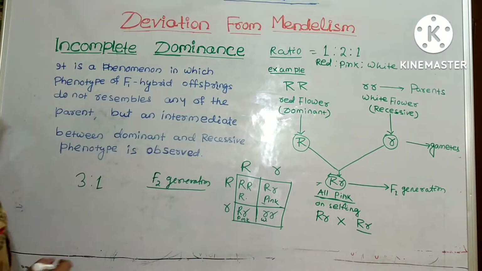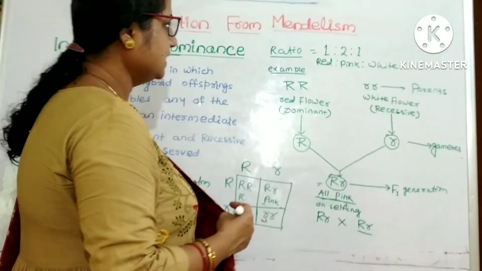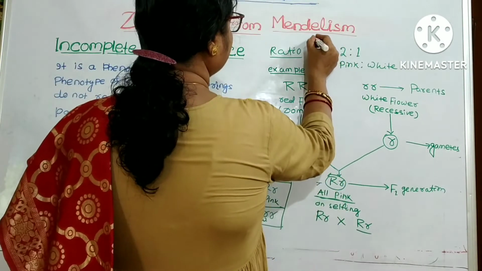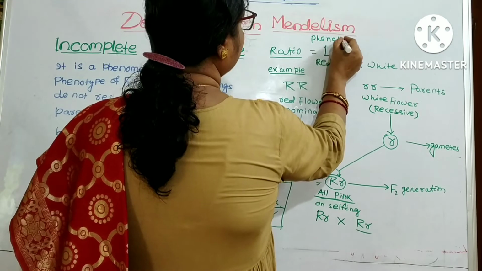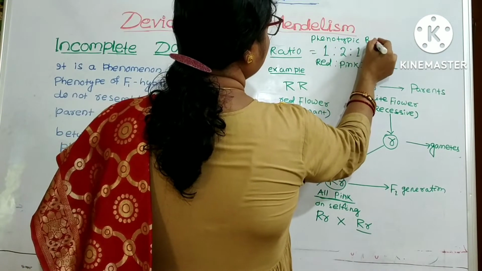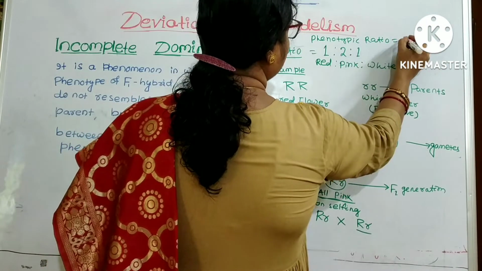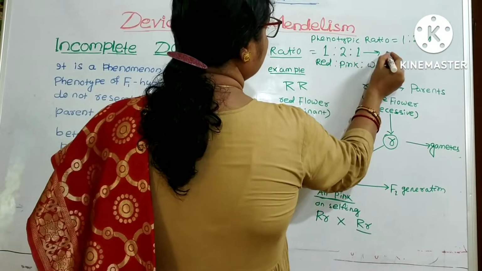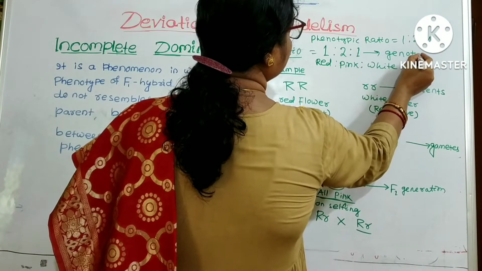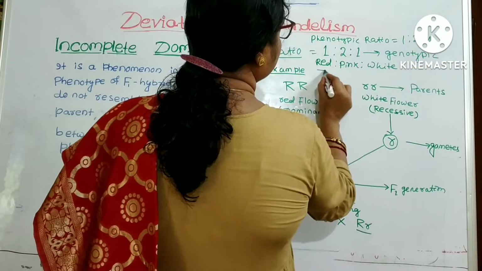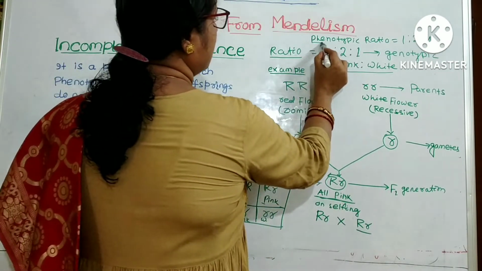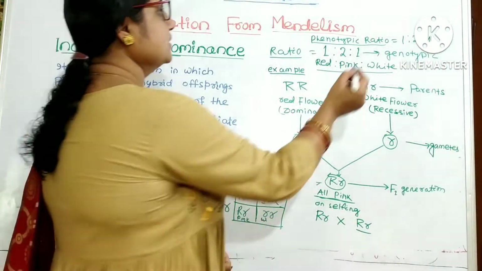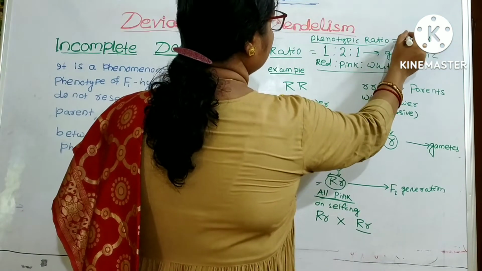Here, the genotypic ratio is 1:2:1, and the phenotypic ratio is also 1:2:1.